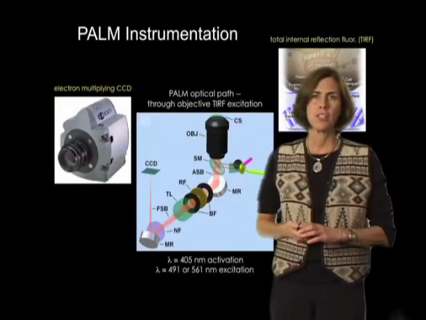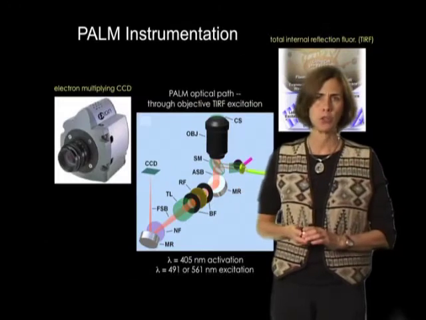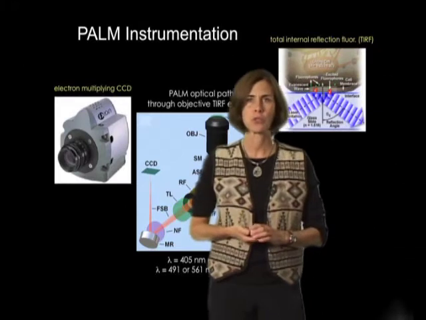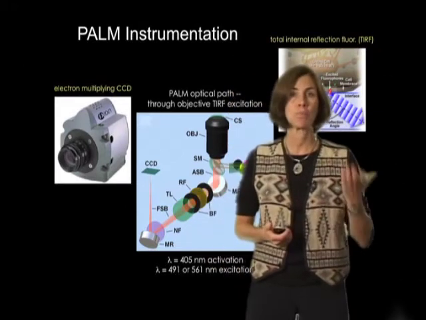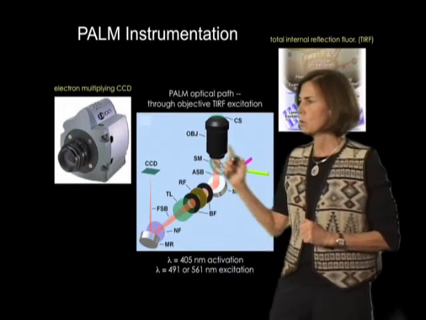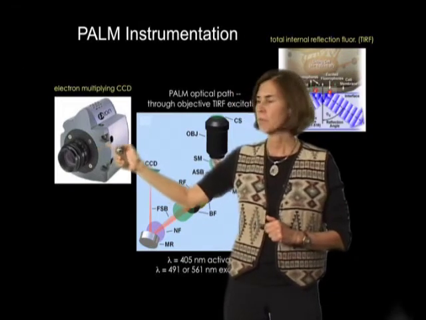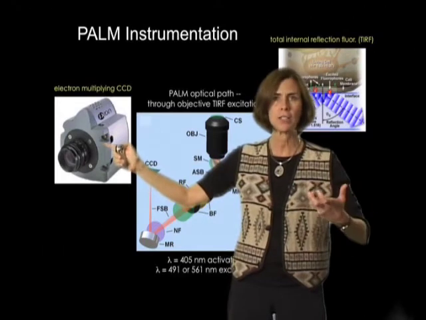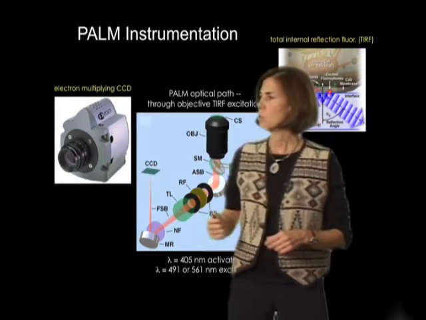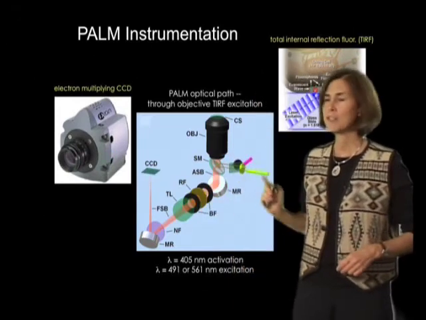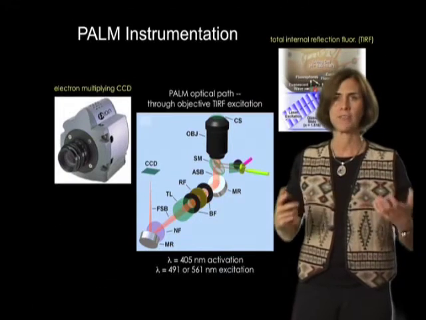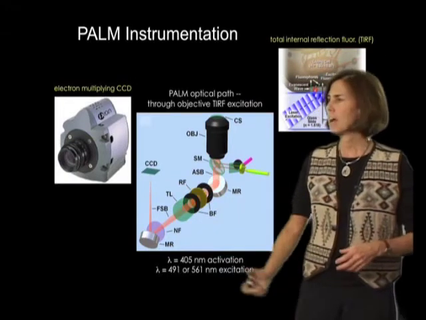So the instrument that is used to perform this super-resolution imaging is actually quite simple, and this is one reason why many researchers are excited, because they don't need much money in order to do this type of experiment. So you need a cold CCD camera to image the individual photons that are being emitted by these photoactivatable fluorescent proteins. You also need a variety of different lasers for activating as well as imaging the photoactivatable fluorescent proteins.